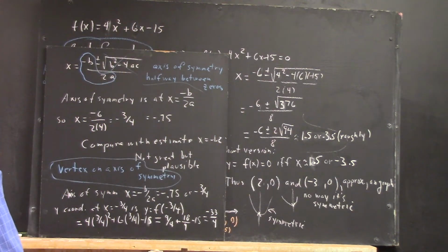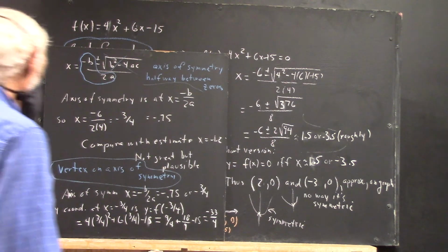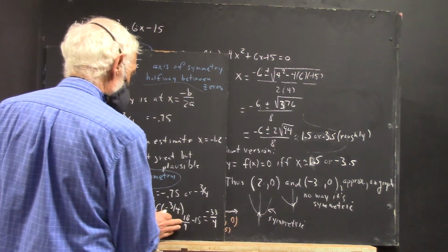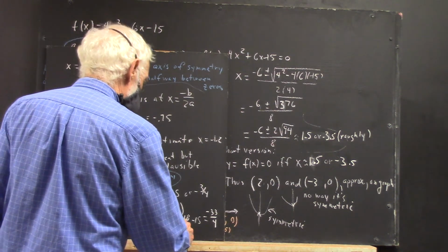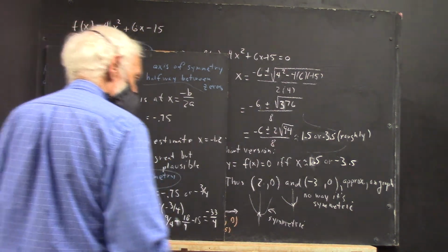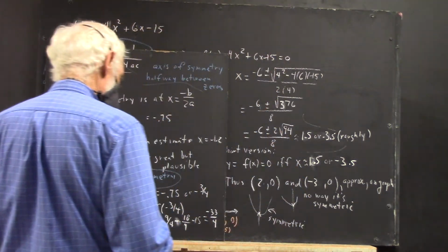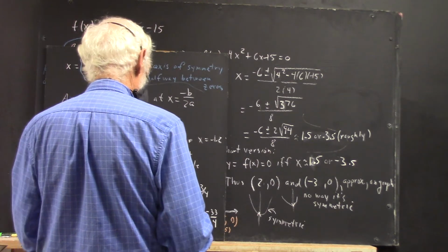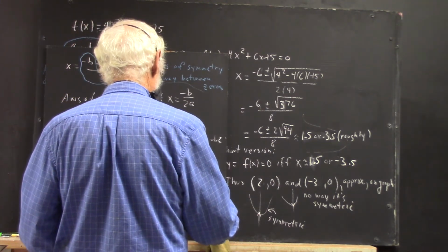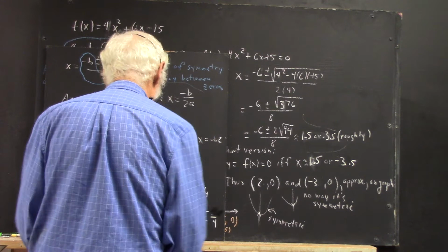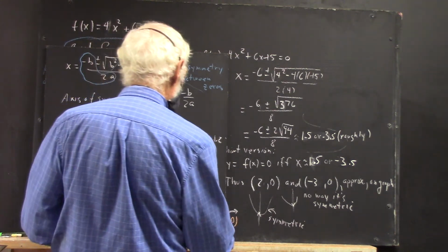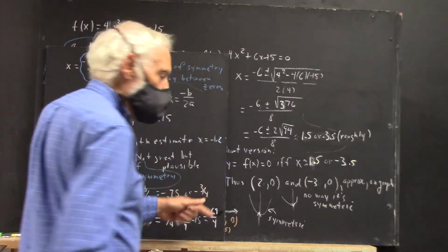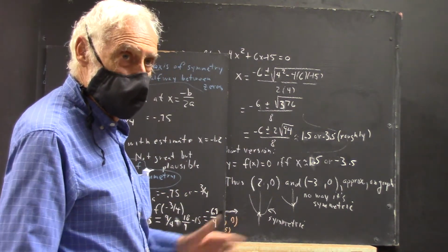Fourths. It's negative 3/4. This is negative. This is negative. So this will be negative. Now we have negative 69 over 4. I knew it couldn't be negative 33 over 4 because 33 divided by 4 is like 8.